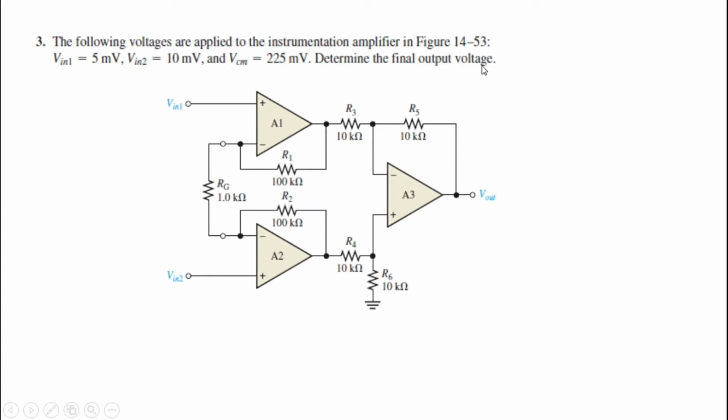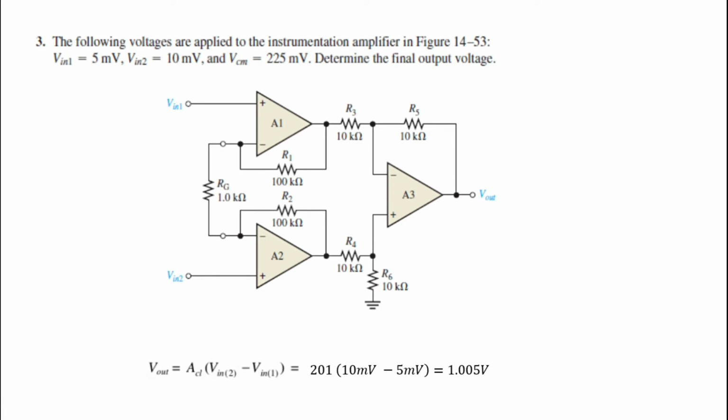The final output voltage is given by the overall closed loop gain multiplied by the difference in the input voltage. So that would be Vin2 minus Vin1, multiplied by the closed loop gain we identified from the earlier question, that is 201.